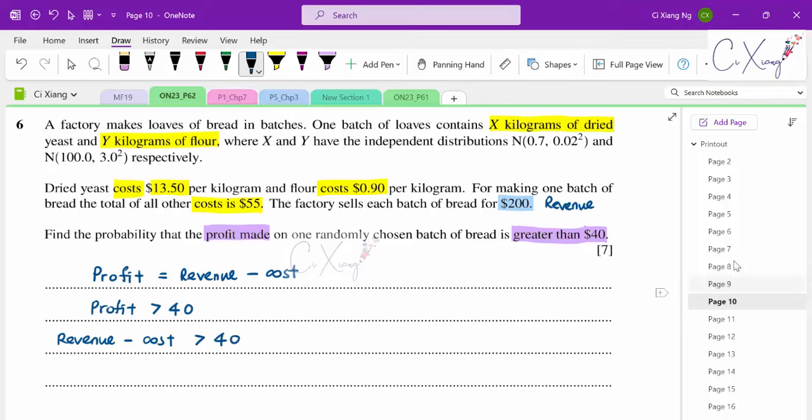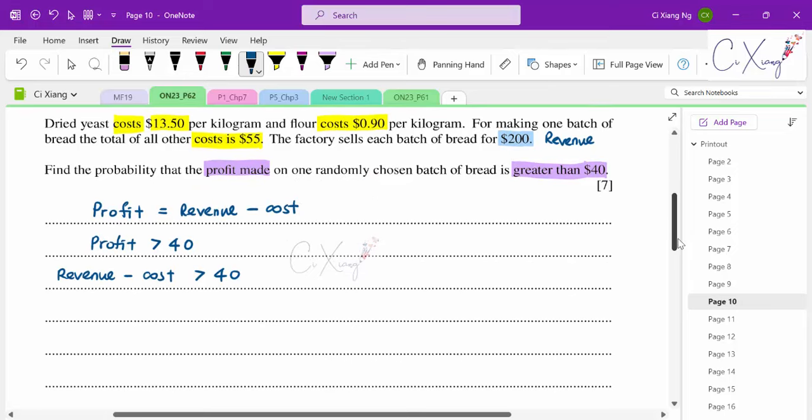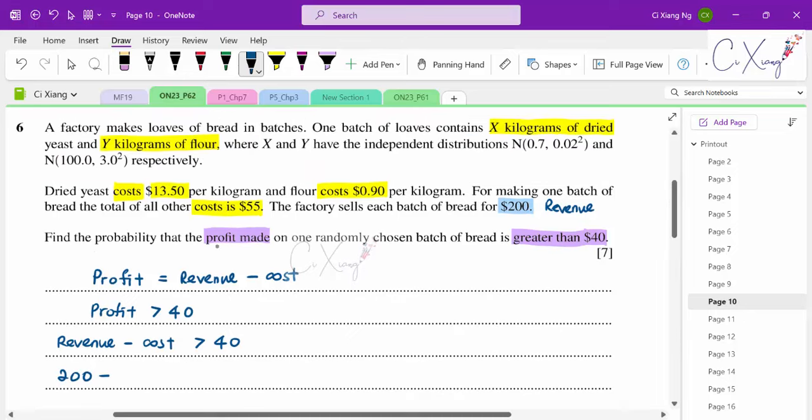Okay, but before you can find the probability, of course, you have to set up the equation first, right? So what is the revenue? Revenue means 200 minus the cost. What are the costs that we have? So we have the cost from the yeast, which is 13.5 multiplied by X. Okay, it depends on the weight X that we are using for one batch of bread.